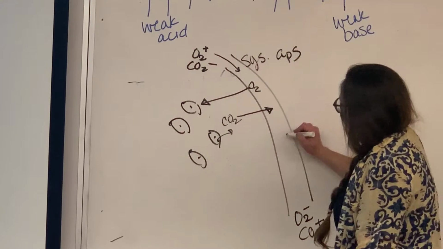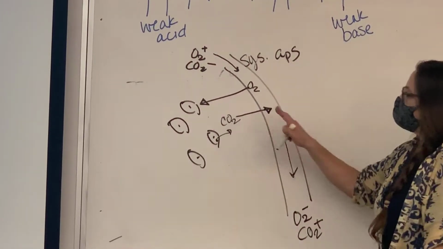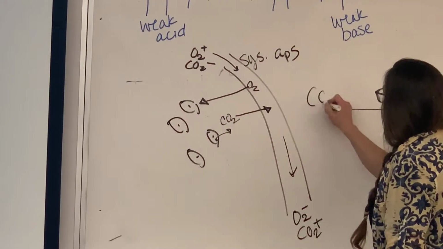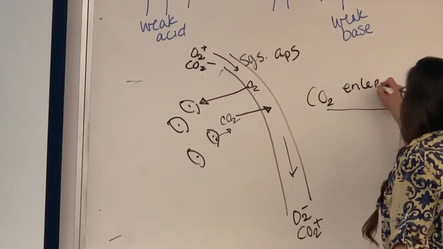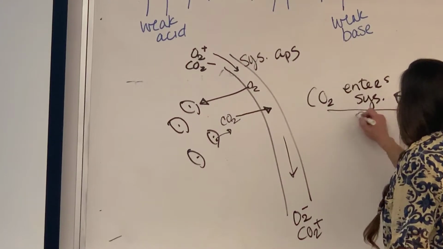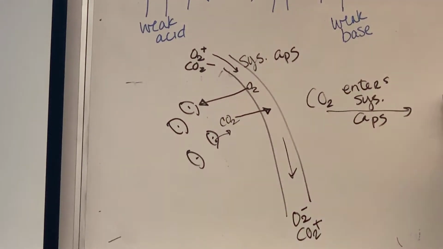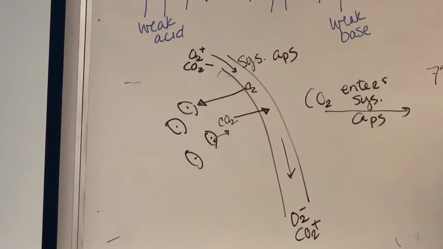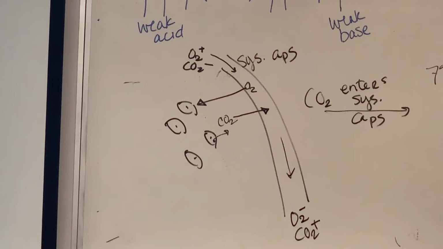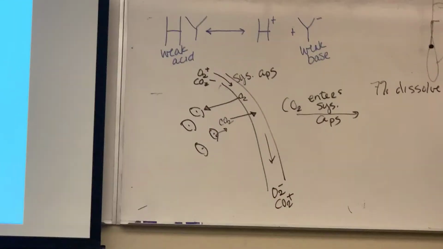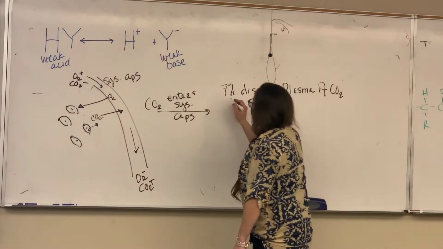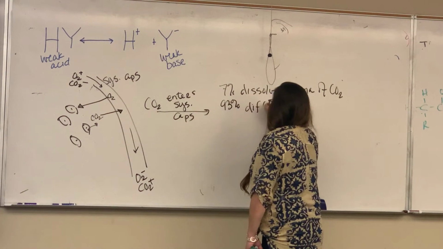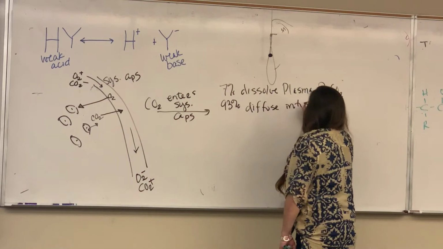All right, so if that's what's happening, we said when CO2 enters your systemic capillaries, about 7% will just dissolve right in the plasma of your blood as CO2. We said that the rest of it, 93%, will diffuse into your red blood cells.